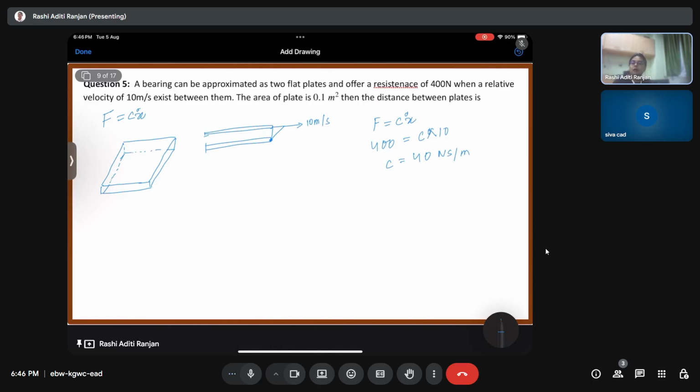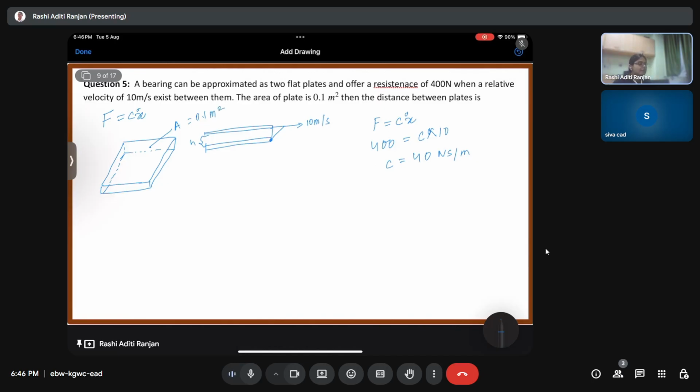Okay. Now the question says that the area of the plate is 0.1 meter square. Then the distance between the plates is asked, so we actually have to find out the value of h. This is the area which is already known, 0.1 meter square. Okay.